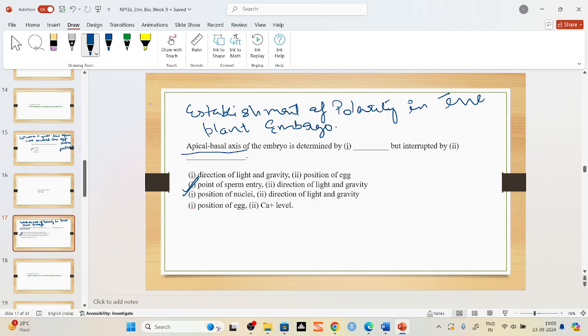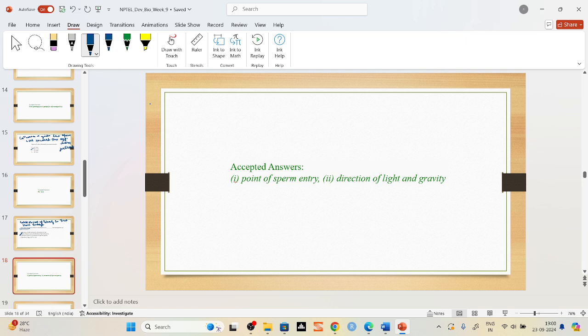So the initial polarity or axis formation is determined by the point of sperm entry, but environmental factors such as light and gravity, at later stages, can interrupt the axis formation and further change its development. Fine. So option number 2 is the correct answer: point of sperm entry and direction of light and gravity.